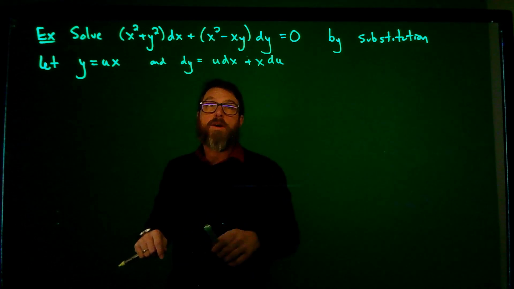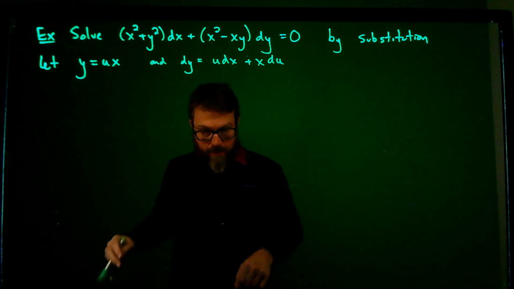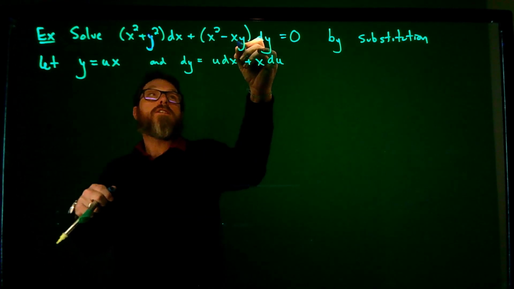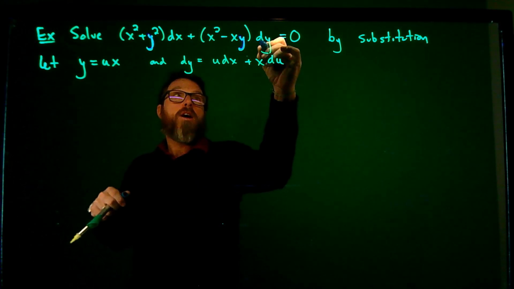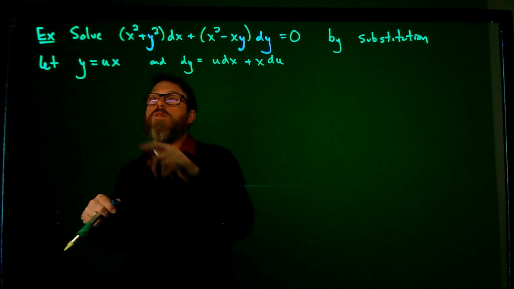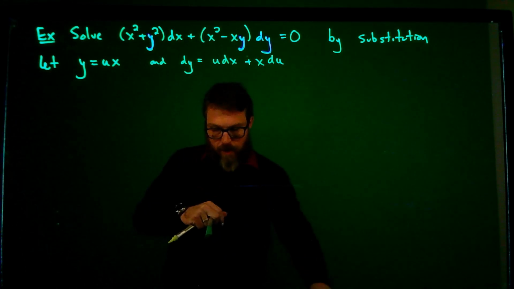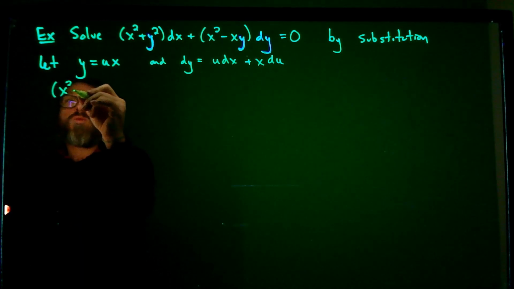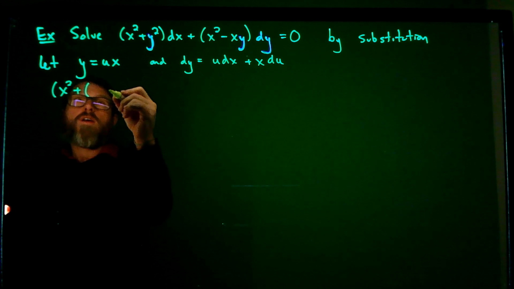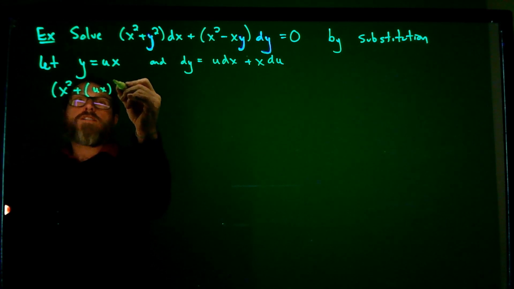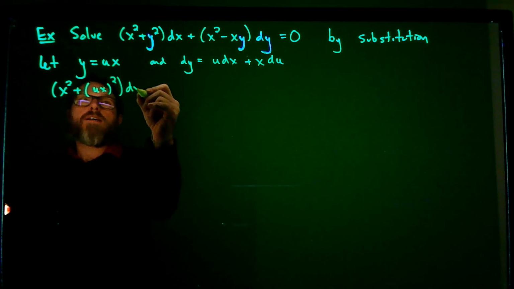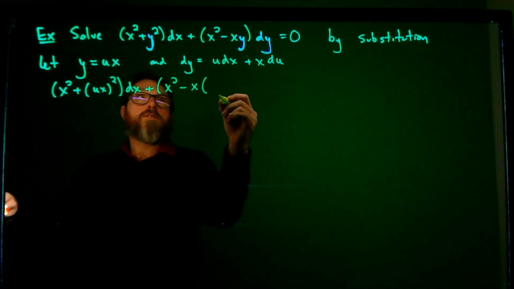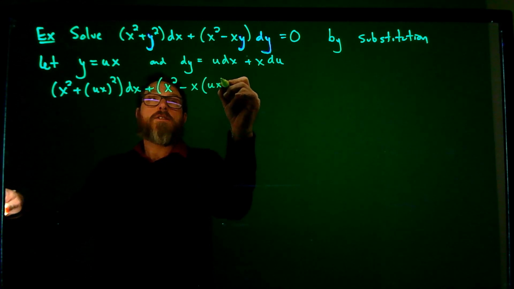Okay, now we're going to plug these things into our y's and also our dy's. So what we're going to get is x squared plus y, which is ux, squared, dx, plus x squared minus x times y, which is ux.